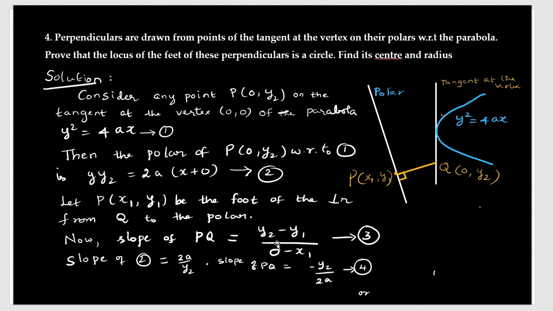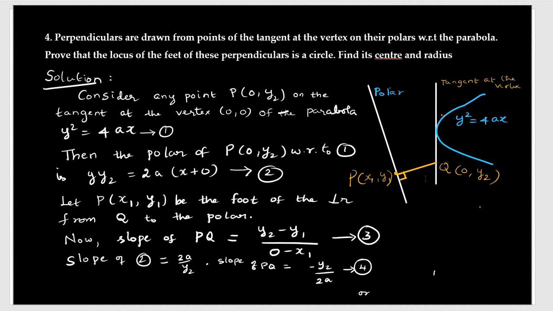Now, otherwise, how do we find the slope of this PQ? Once you know the slope of the polar, this being perpendicular, you know that the product of the slopes of two perpendicular lines is minus 1. So using that, we also get the slope of PQ in this way.